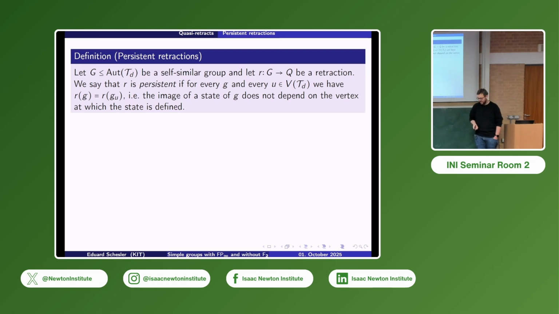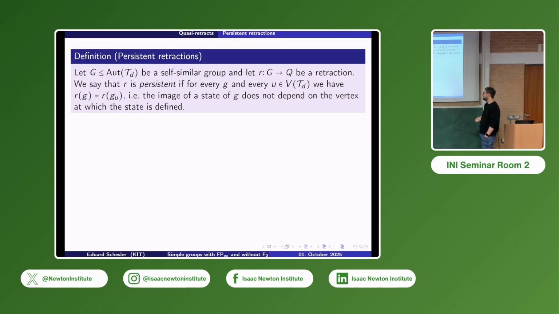The vocabulary that we need is persistent retractions. So we start with a self-similar group, and a persistent retraction is a retraction, let's call it R, with the property that after applying R to an element and R to the state of this element at some vertex, it does not change.